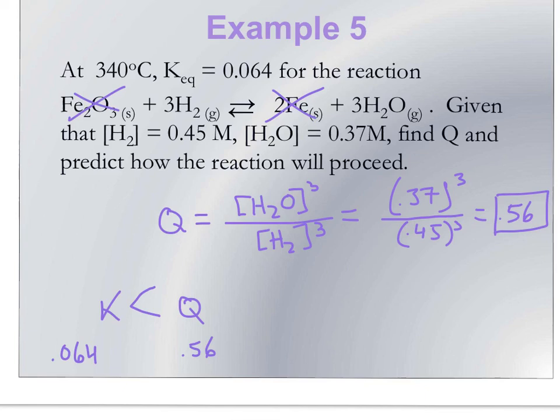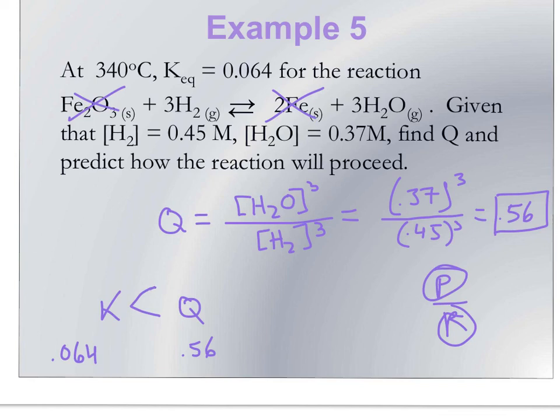So either memorize it or think through it. It's products over reactants. And so my Q is too large, so then it's going to shift to the left to use up my products to make this number smaller, or to make more reactants to make this number bigger, so that my Q gets smaller to equal my K.